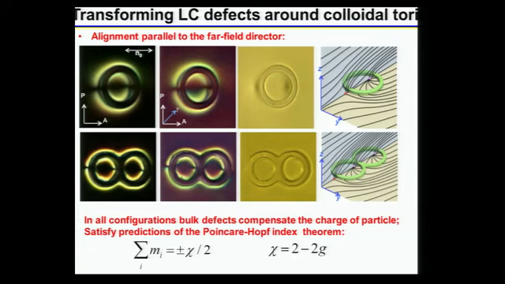And so this is nothing else but prediction of topological theorems, because those theorems define what would be the charge, or degree in mathematical language, corresponding to the vector field perpendicular to the surface of colloidal particle, and as you would change genus of those colloidal particles.